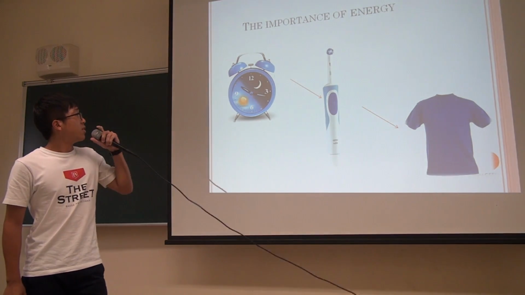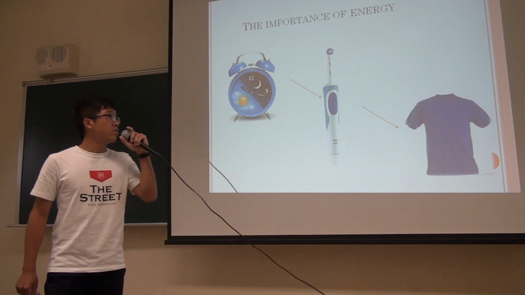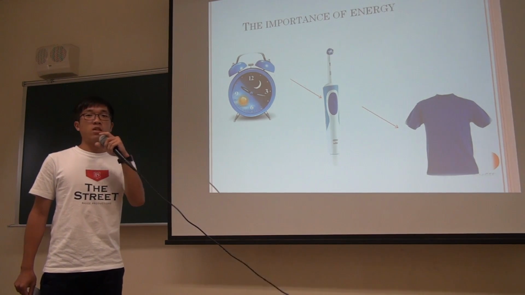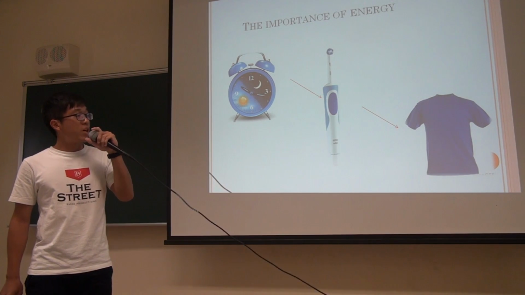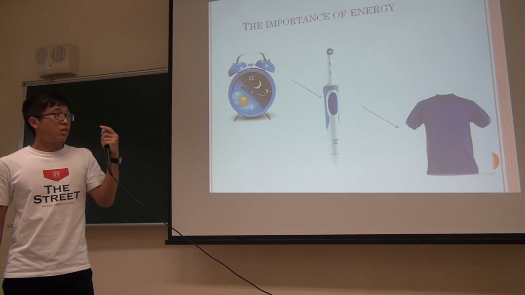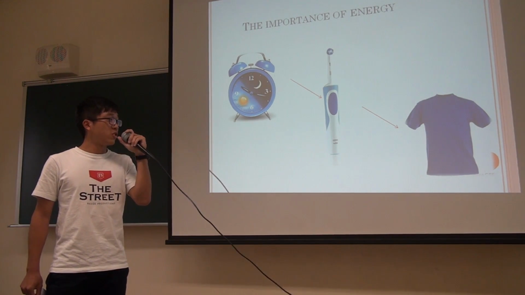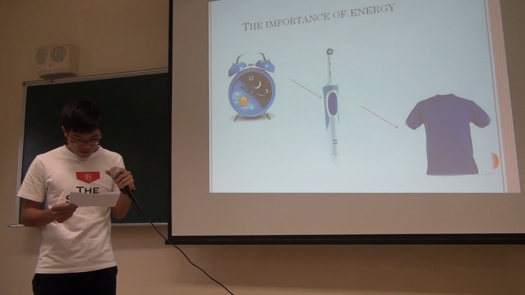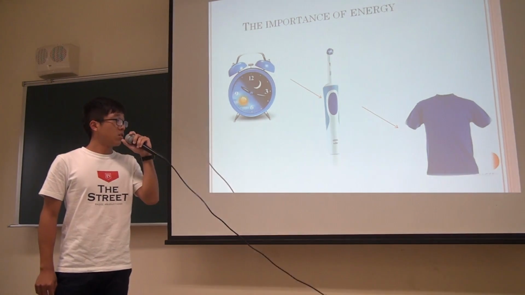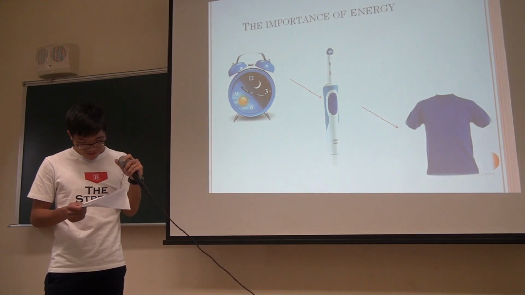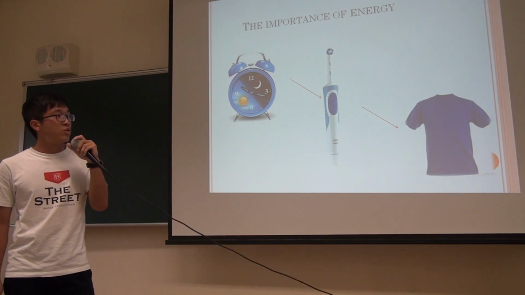For example, the alarm clock and electric toothbrush, and even the clothes we wear every day, which were made by the factory and powered by electricity. Almost all the things we use every day couldn't be made or used without energy.